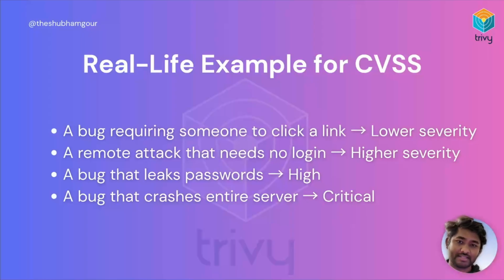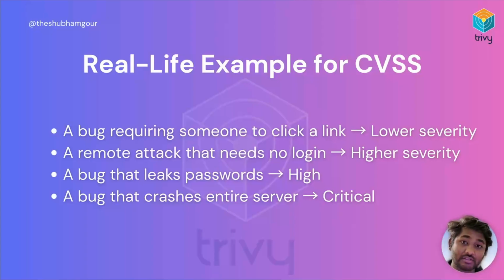Let us take a real life example. Let's say a bug requires someone to click. This will fall under lower severity. Second, a remote attack that needs no login. This becomes a higher severity. Third, a bug that leaks passwords. We are exposing passwords, so this will fall under high severity.